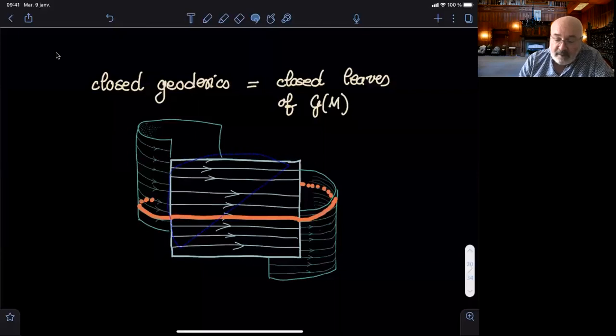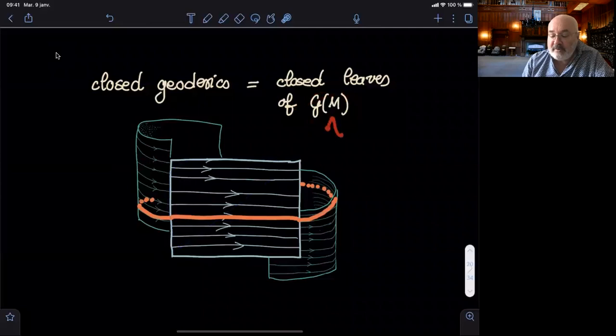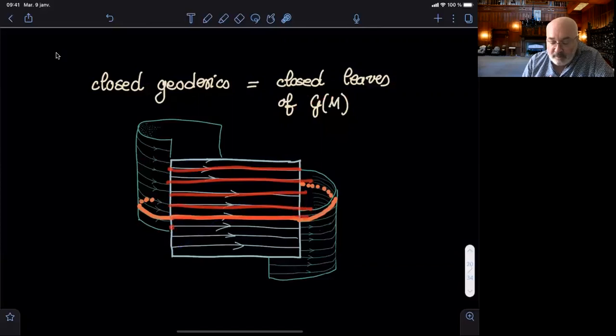So here I'm in G of M, where M is a closed manifold. This has some local charts, and these charts are locally product. And these little lines with arrows correspond to the R action, so orbits of the R action.